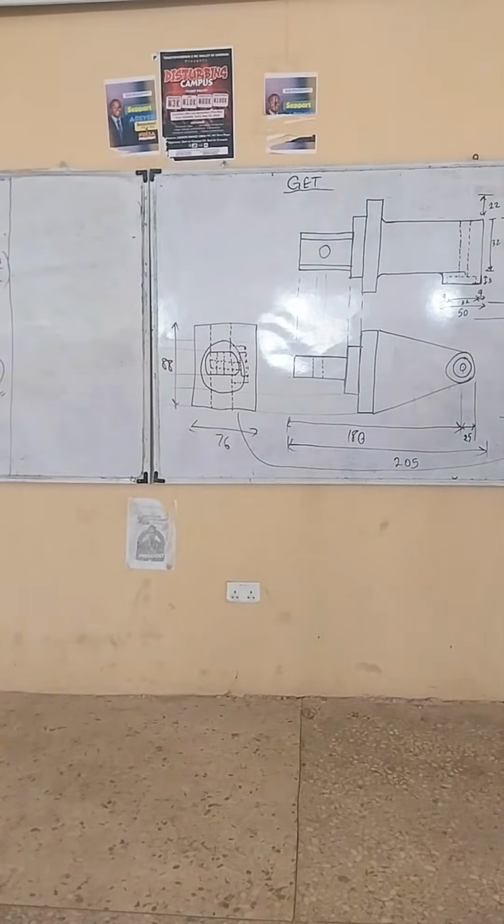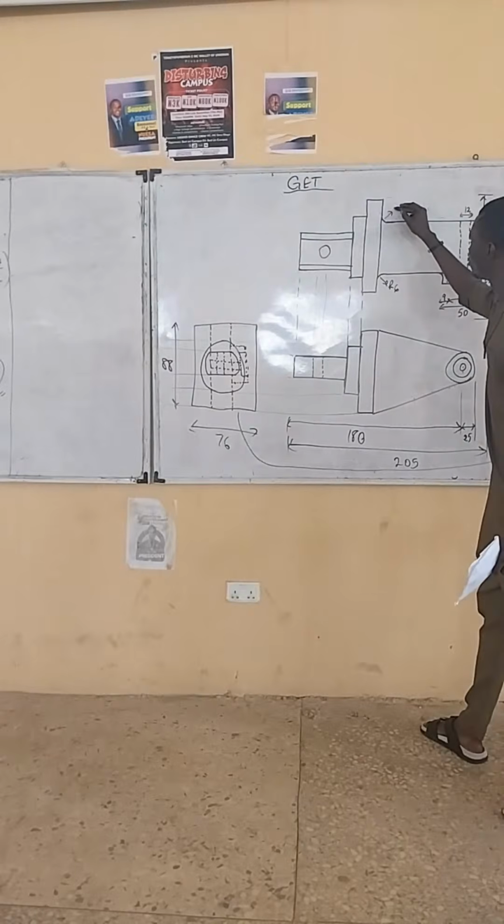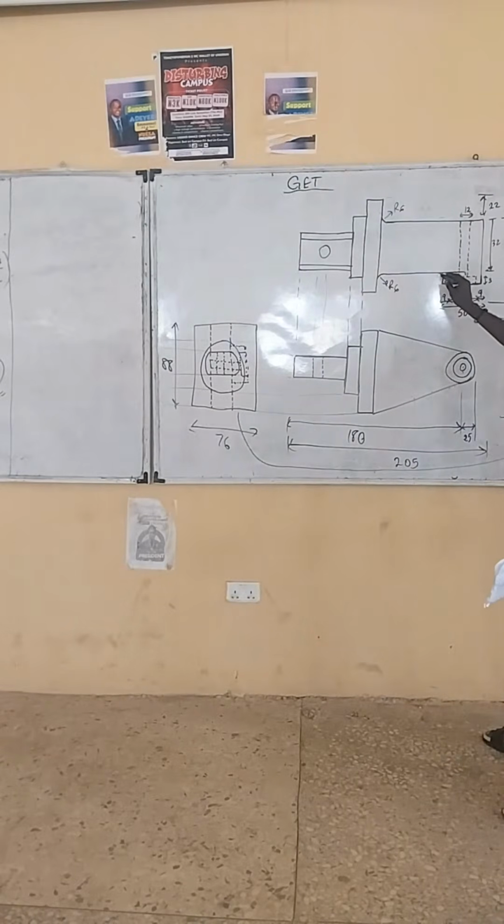Up next, this inside is 12. I have the radius of each of these curves to be 6. There are 4 curves that we have here. They are all 6.